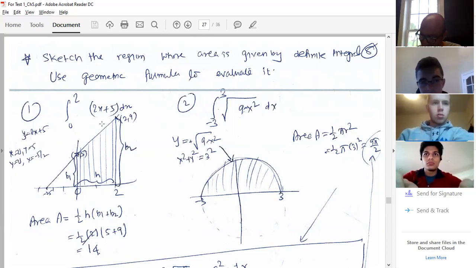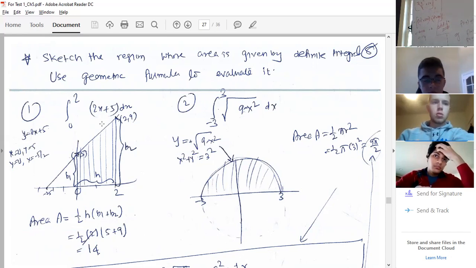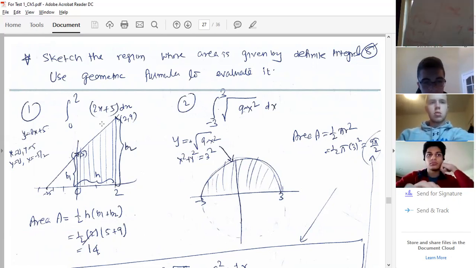So 4 plus 10 minus 0, it is 14. See, I'm getting the same answer by integration. Whatever I used over here, I replaced all my x's by the upper limit, and all x's by the lower limit with a negative sign in between. That is called the second fundamental theorem of calculus.